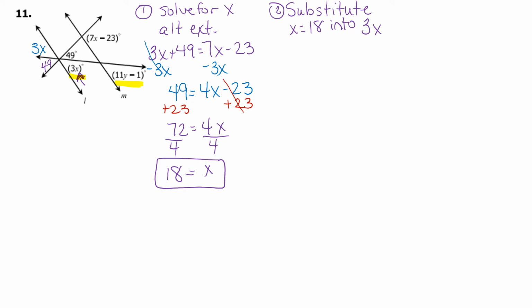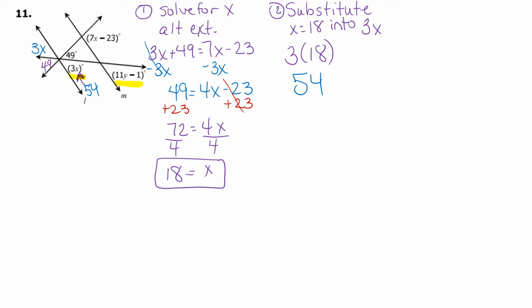There's a relationship there. So if I can figure out the measurement of 3x, then I can set those equal to each other and solve the rest of my problem. So our problem here now is 3 times 18, and I know that 3 times 18 is 54. So this measurement actually is going to be 54.